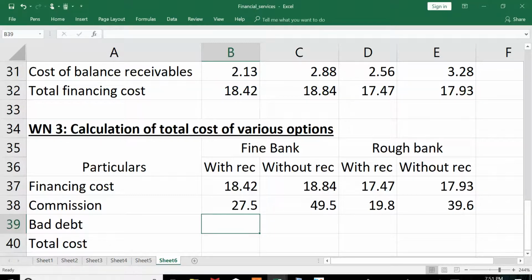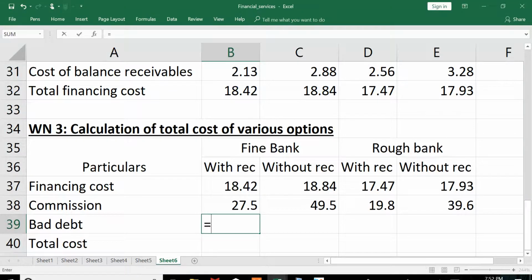Don't look at your previous solutions, it's not going to make any sense there. You tell me, where should I write bad debt? It's going to be in with recourse, because that is where you will have this expense. I'm just writing the cost, I'm not writing savings. If it was a saving in bad debt, I would have written in without recourse. If it's a cost of bad debt, I'll write it in with recourse.